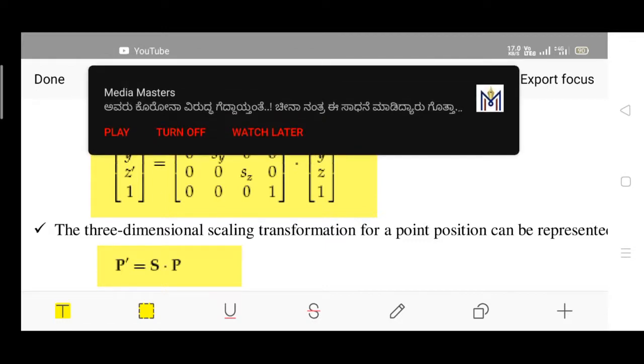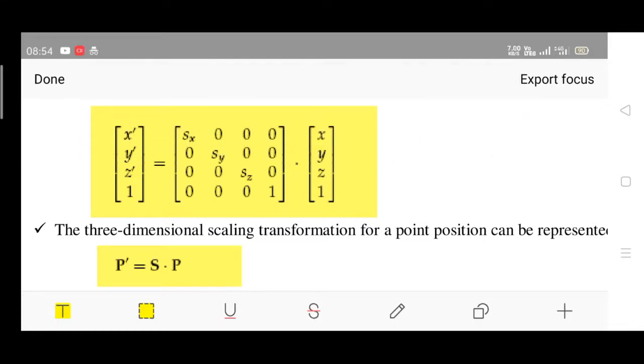So the coefficient of x will be Sx, the coefficient of y will be Sy, as well as the coefficient of z will be Sz. Recall the formulas.